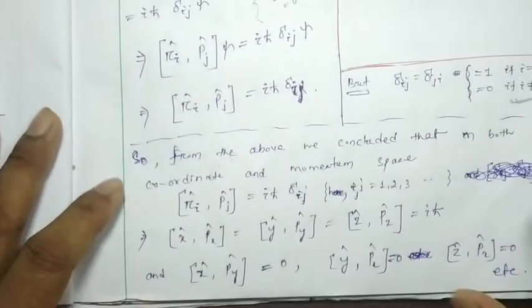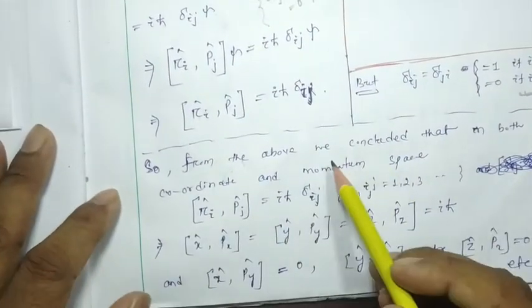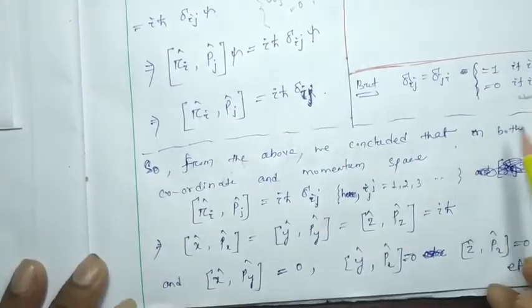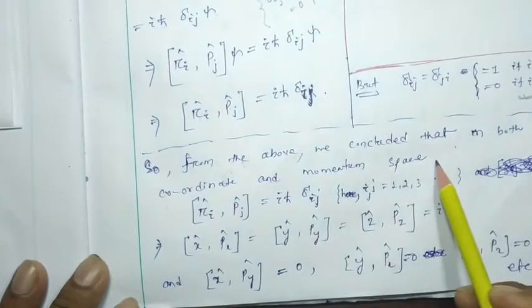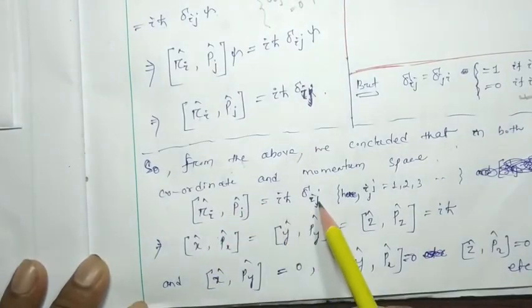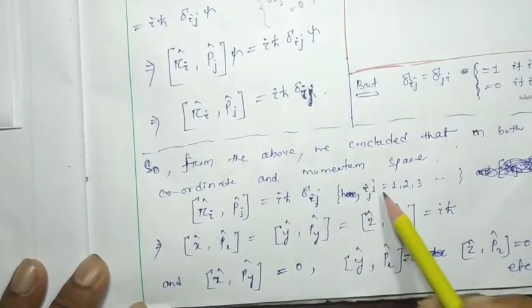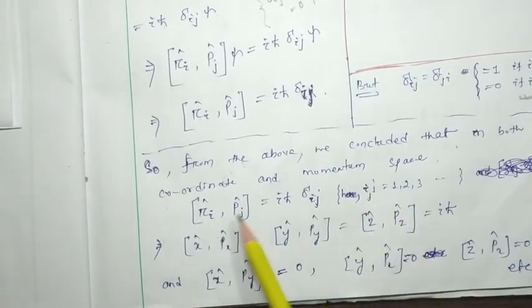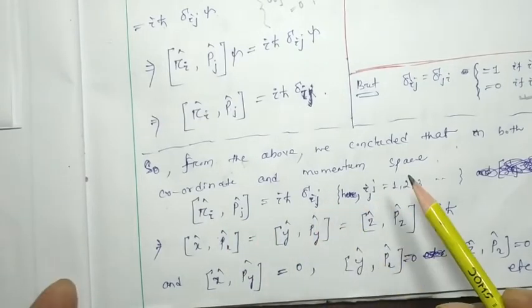So from the above discussion we concluded that in both coordinate and momentum space, [R_i, P_j] will be equal to iħ times the Kronecker delta ij. Here i, j may be 1, 2, 3, whatever. Suppose i equals j, then the Kronecker delta will be equal to 1.